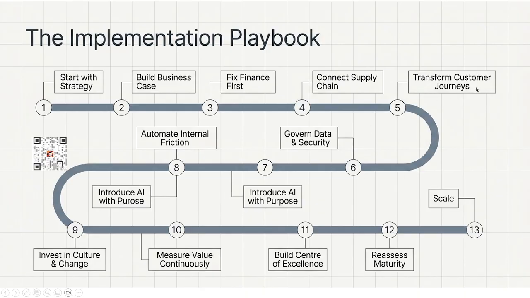Once all these things are set up, we get data inside our corporate servers, right? So we need to set up the security and we need to govern the data. After doing this, we need to see where the frictions are, why people are not able to approve things, why people are not able to see the messages and information coming. So we need to remove those frictions by using AI.